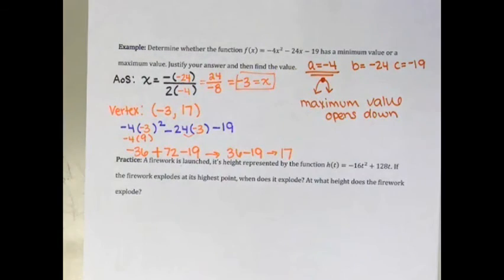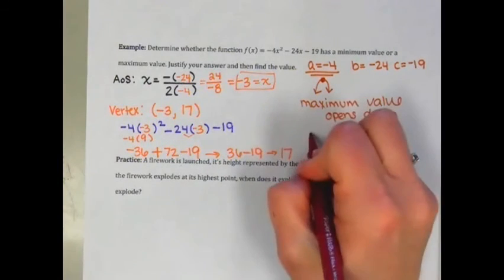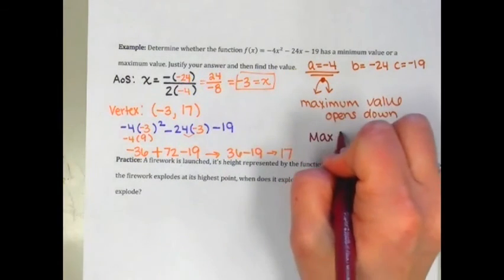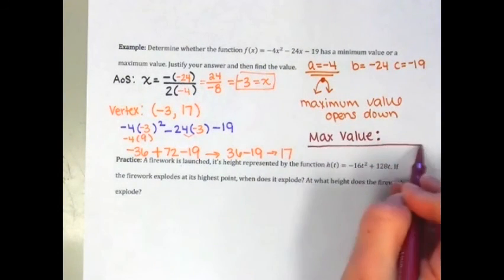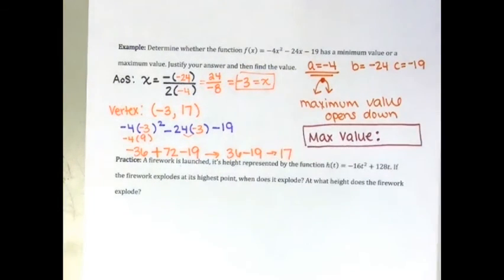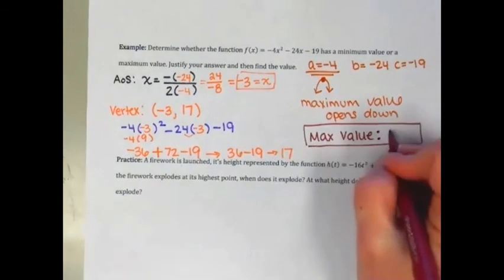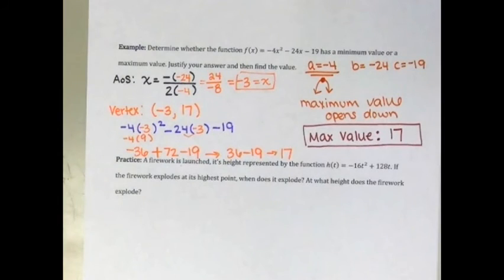You know your max value now. My actual max value is what? What is the y coordinate of my vertex? 17. That's it. Okay, the max value is that y coordinate. Does that make sense to you guys?